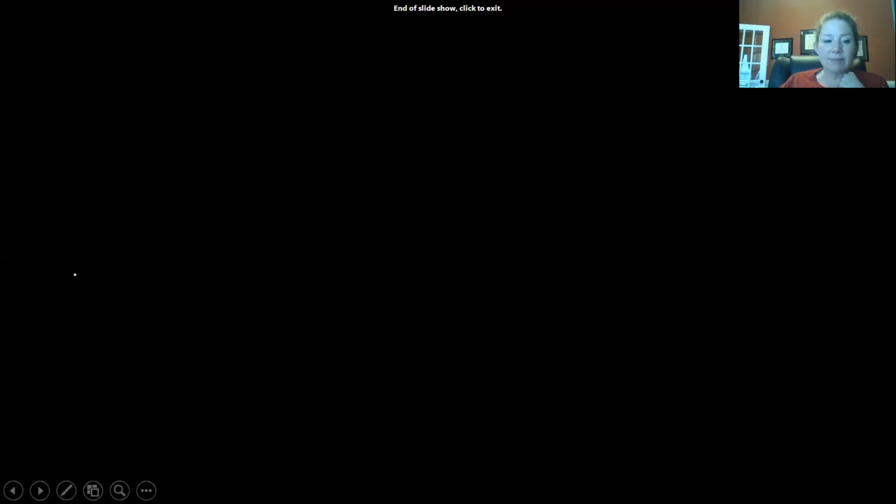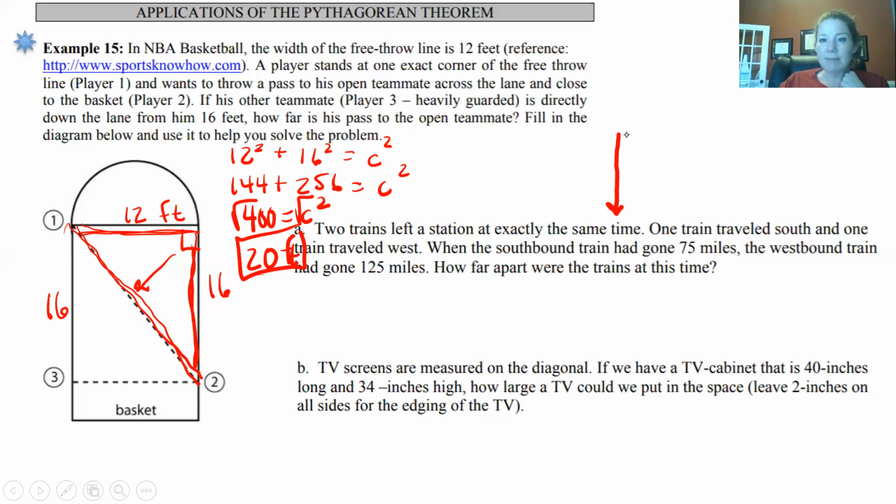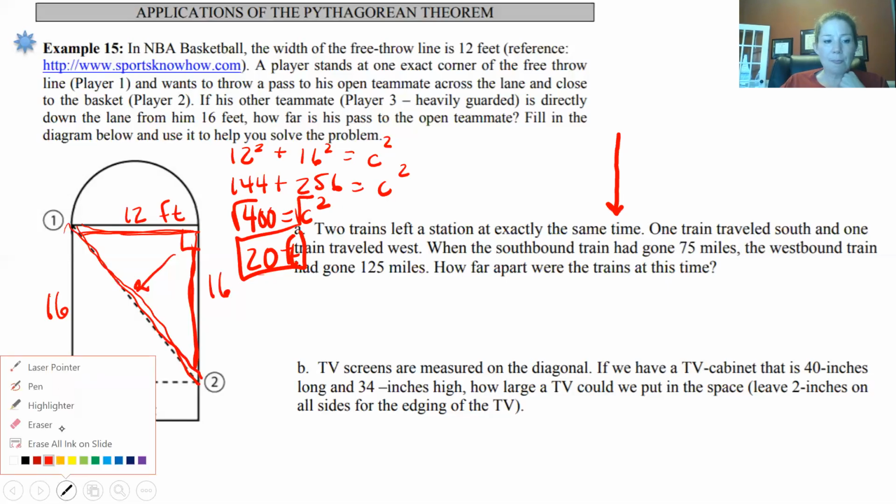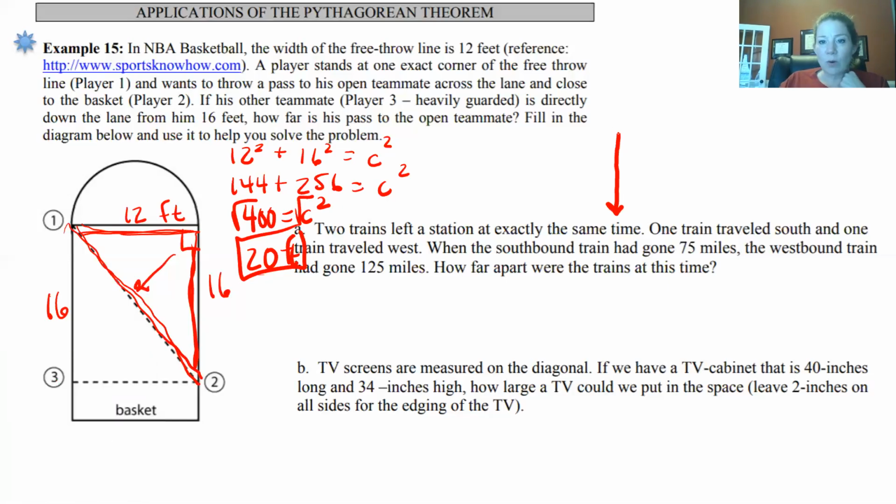So they both left the same starting point, one went south and one went west, right? When the southbound train had gone 75 miles, so this train traveled 75 miles, the westbound train had gone 125 miles. How far apart were the trains?